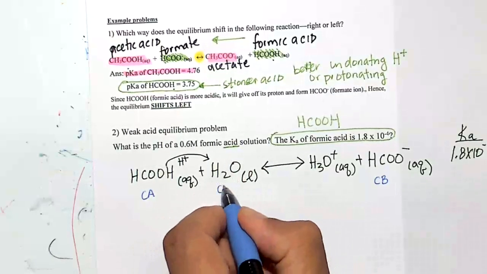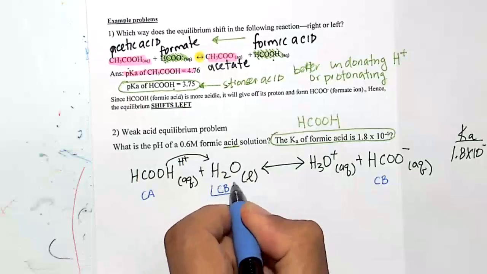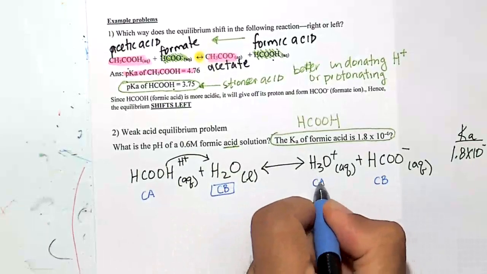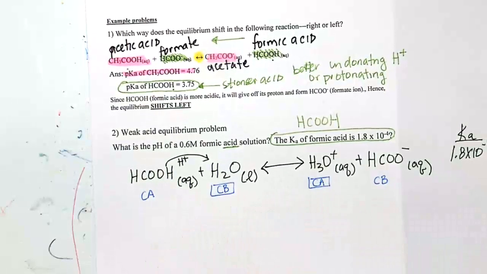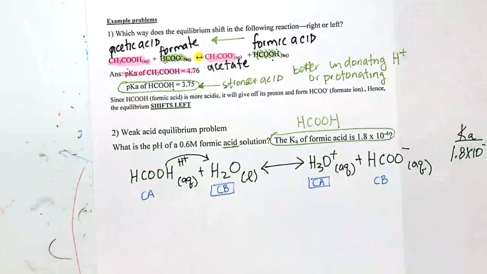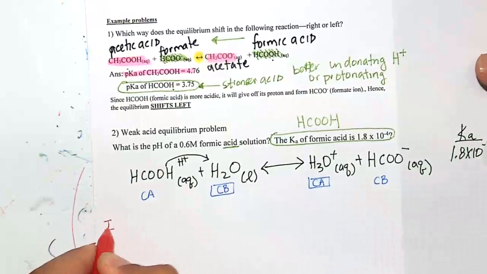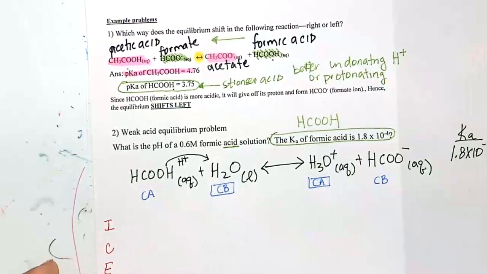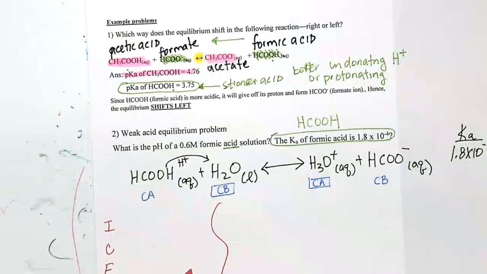Okay, it's the conjugate base. What is its conjugate acid? H3O plus. Okay, so this is a couple, and this is a couple. All right, back to the problem here. All right, don't worry about water. It's a liquid. Okay.